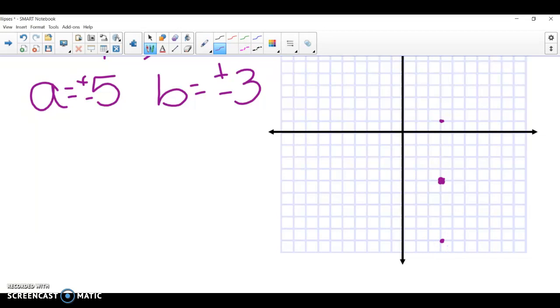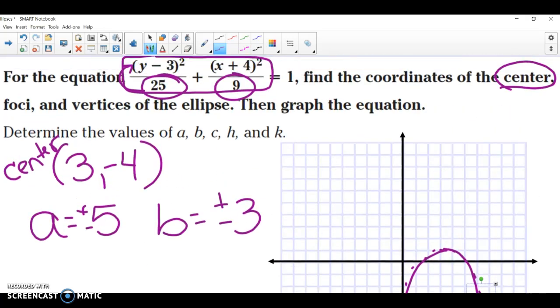I think I did that right. And then along the x-axis, we're going to go 3 in each direction. And there you go. Oops, it's a little bit fat right there. That's really what your ellipse is going to look like, and you can connect your little tick marks there. Then you can label the vertices.